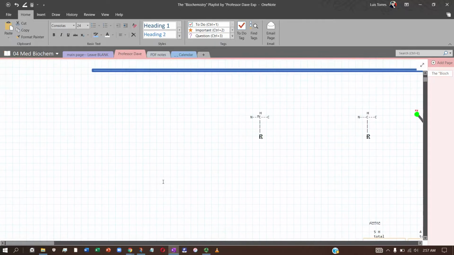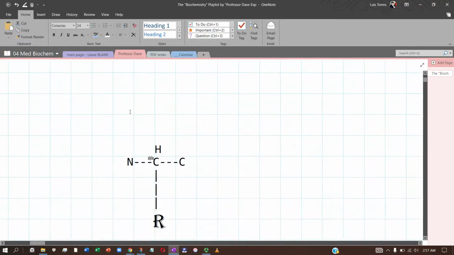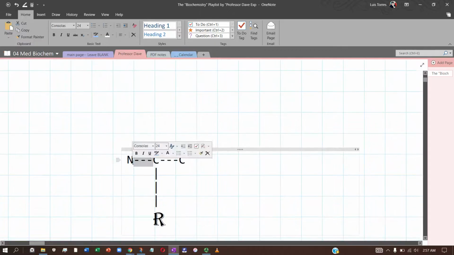It's pretty straightforward. You have this convention of putting the nitrogen first, and then a carbon and another carbon. The carbon here in the center is the alpha carbon. Moving forward, a lot of the hydrogens will be implied. It'll be assumed that we all have a good handle on where the hydrogens are.